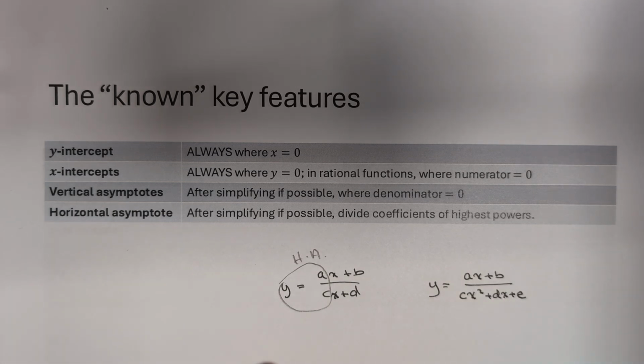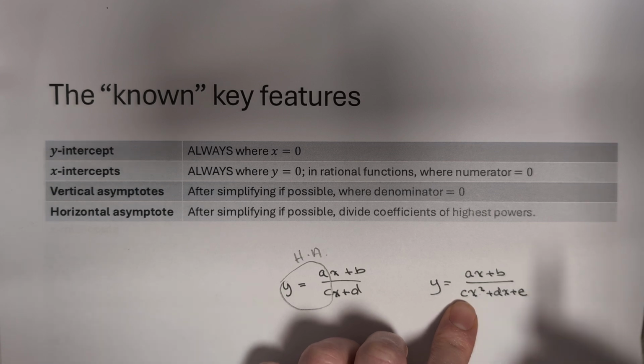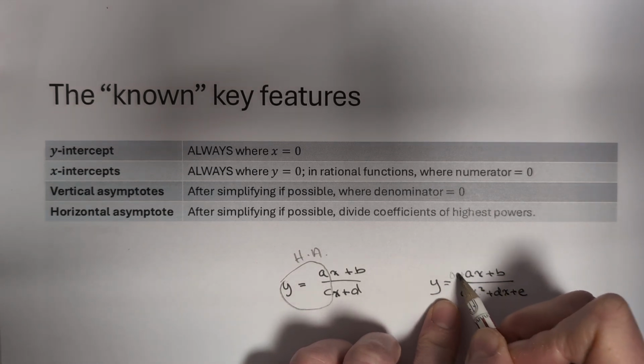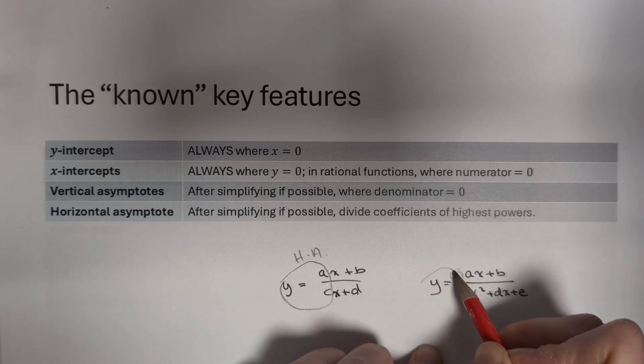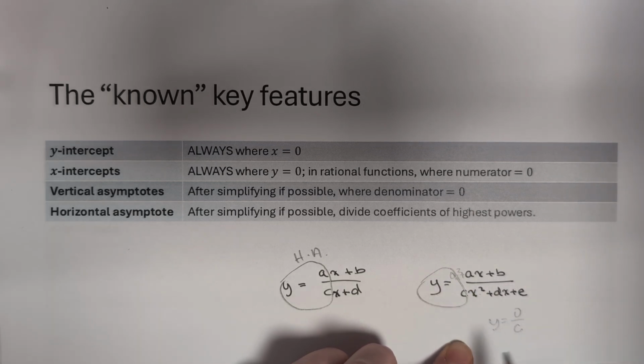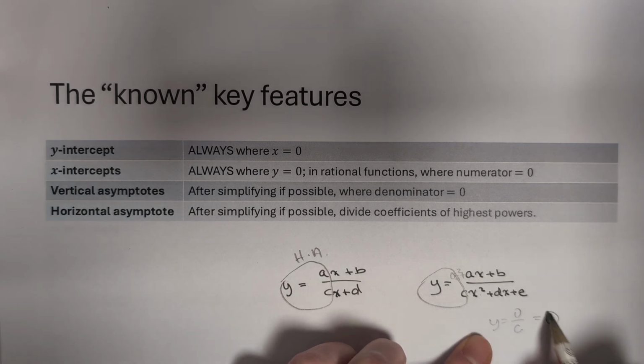The highest power we see here is x squared, so I'm going to have to imagine that there's some number of x squared terms on top with a 0 coefficient, and we're going to divide the x squared coefficients, which is actually 0.